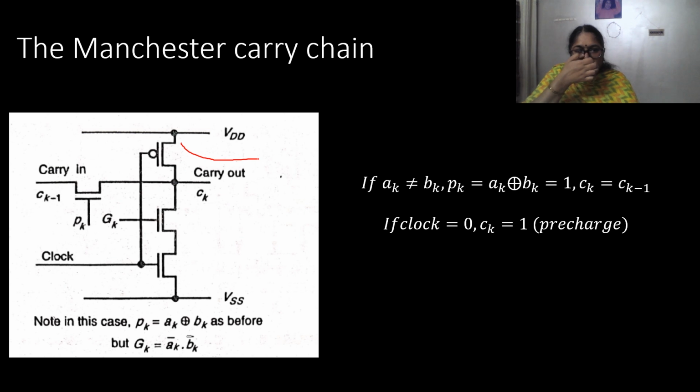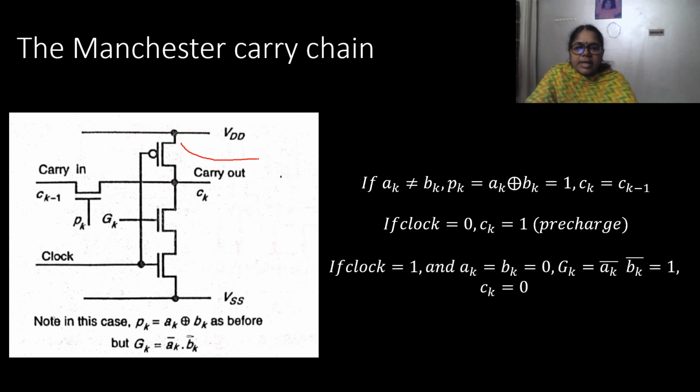But if the clock signal is equal to 1, then the NMOS transistor is on and the PMOS transistor is off. In this case, the output carry is not going to be charged to 1, but whether it is going to discharge or not depends upon the signal GK, which is given as the input to the gate of another NMOS transistor.